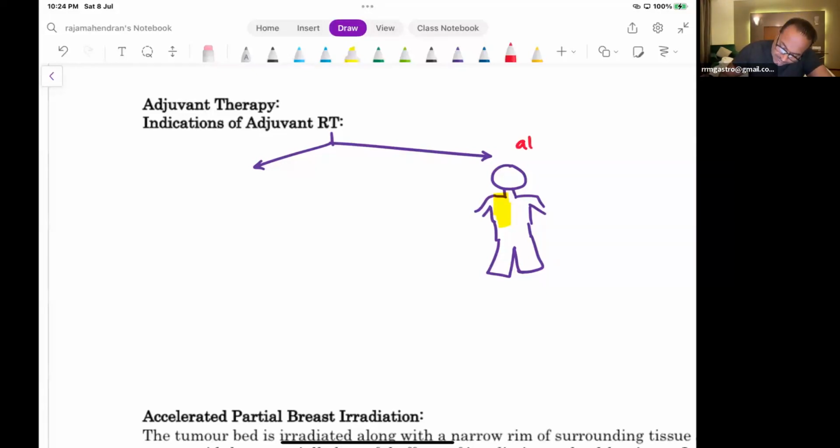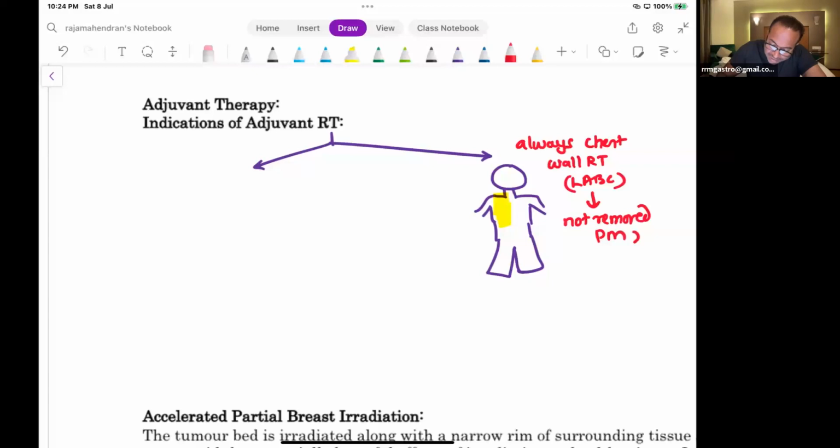In which cases is chest wall radiotherapy always given? In cases of locally advanced breast cancer, not needed for early breast cancer, because we have not removed pectoralis major. Pectoralis major is a bed of cancer, so it can have local recurrence. So only for locally advanced breast cancer, chest wall radiotherapy is given.